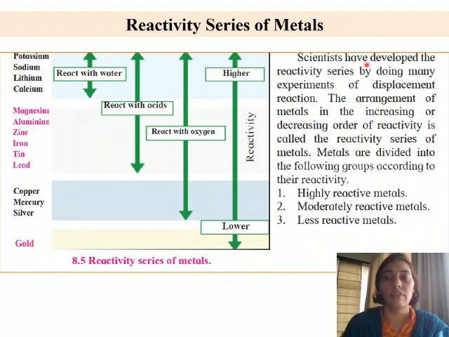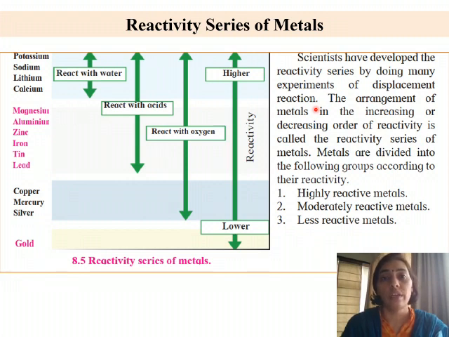Scientists have developed the reactivity series by doing many experiments of displacement reaction. In the displacement reactions that we have studied, we know that the metal of higher reactivity displaces another metal of lower reactivity from the salt solution.